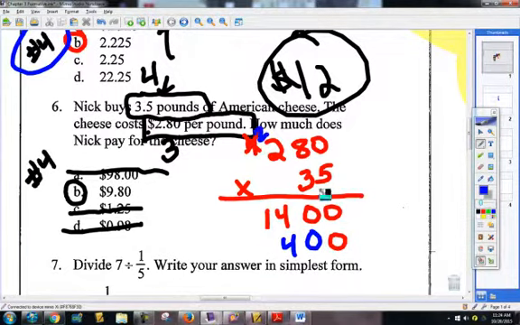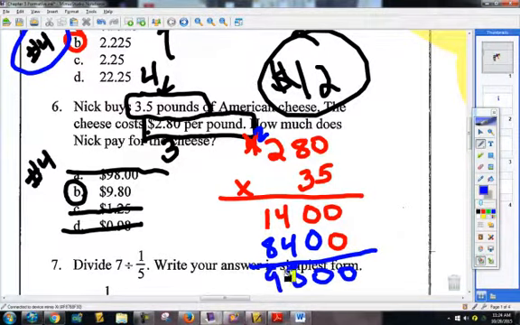Carry your 2. 3 times 2 is 6. Plus 2 is 8, right? And you end up getting 9,800. Now, 9,800 is definitely the answer to 280 times 35. Does everybody agree? But that's not the answer to the problem, right?